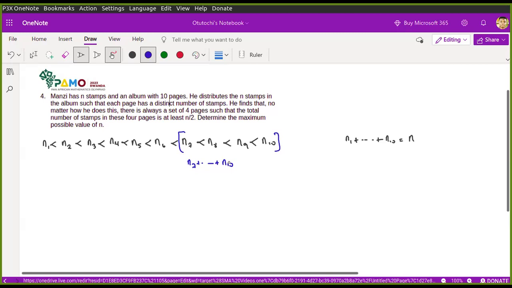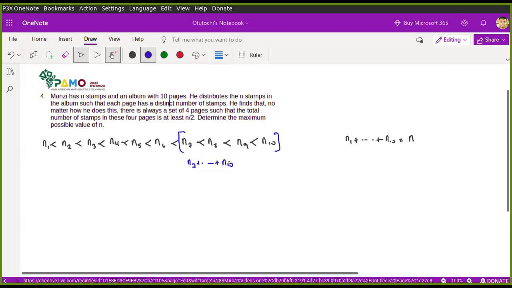Also, remember that for a given n, we can choose n1 to n10 under these conditions in a lot of ways, right? And the problem actually tells us that there has to be this set of 4 pages, no matter how he does this.